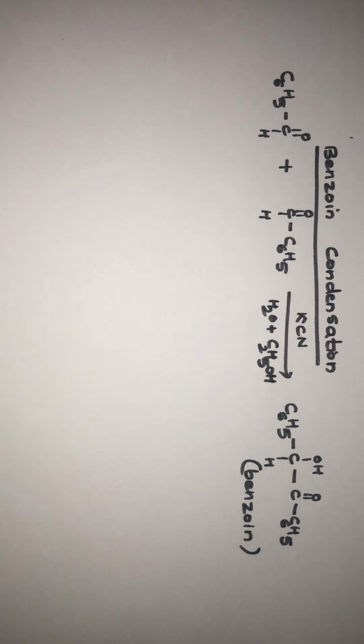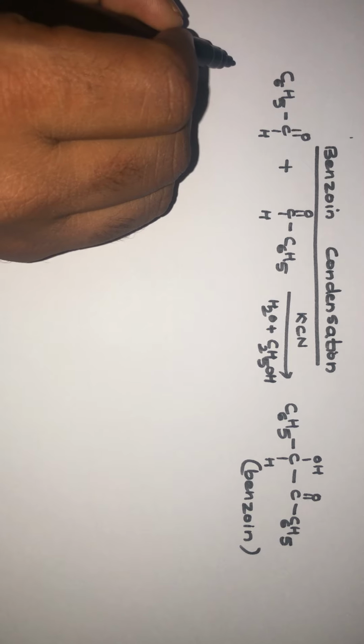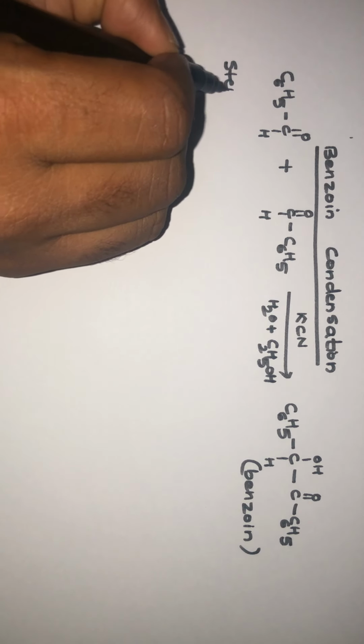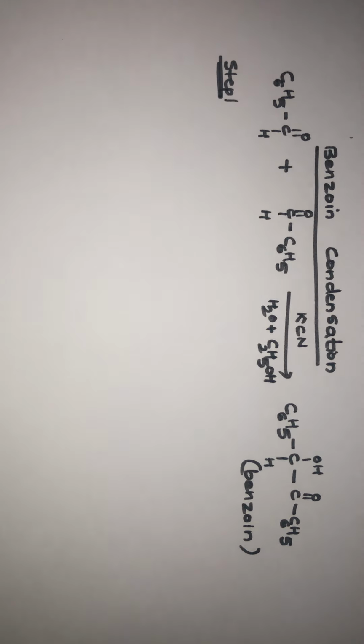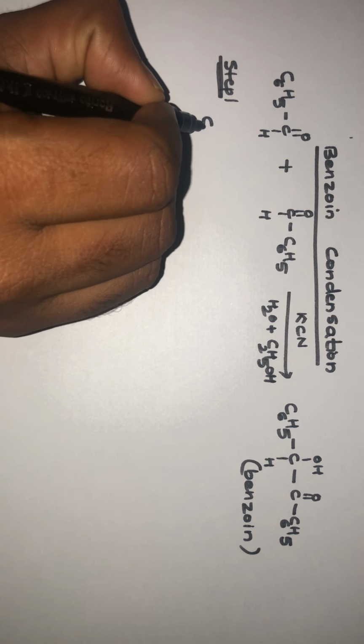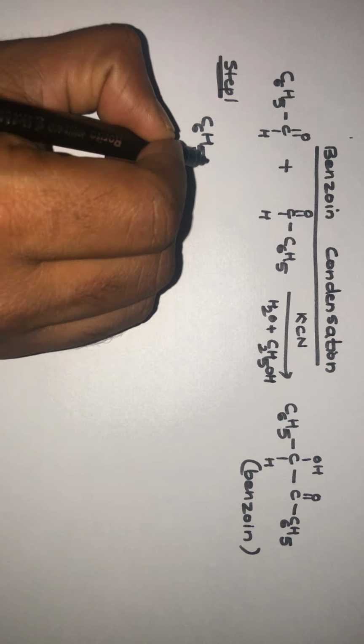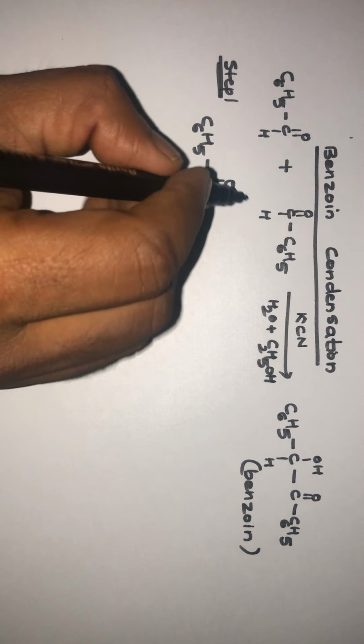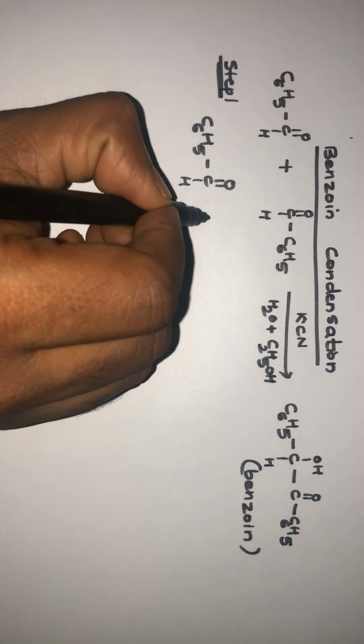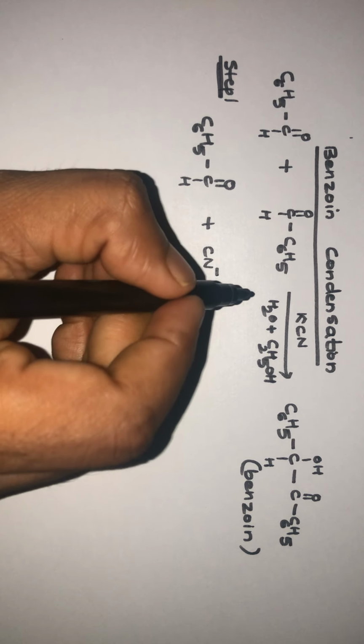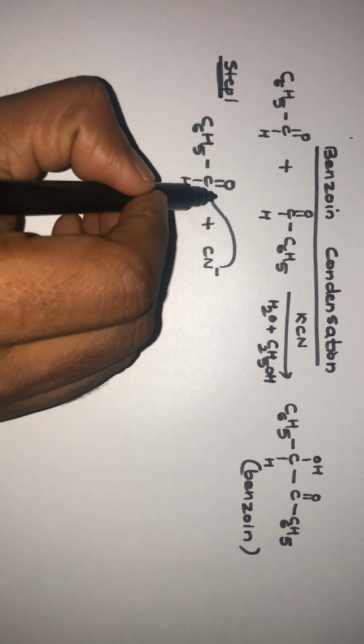Now let us see how actually the reaction takes place, the mechanism. Step 1 is nucleophilic attack by the cyanide ion onto the aromatic aldehyde. So the cyanide ion attacks the aromatic aldehyde, C6H5 C double bond O H. The cyanide ion attacks this carbonyl carbon.